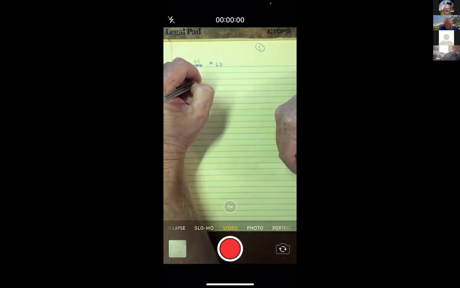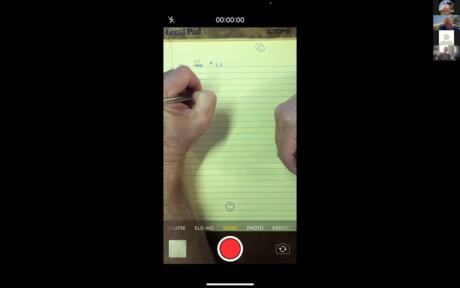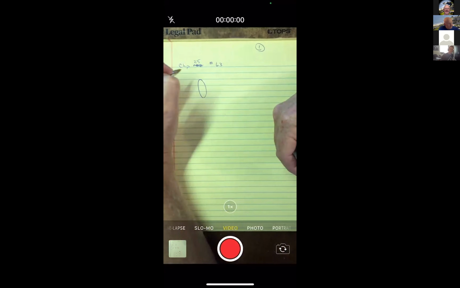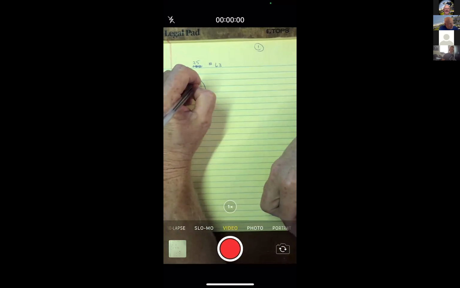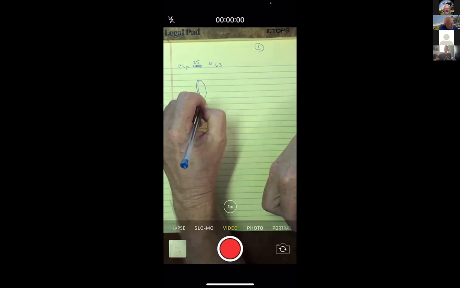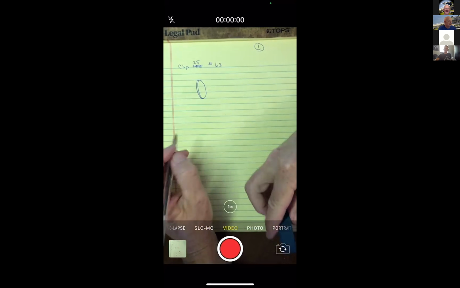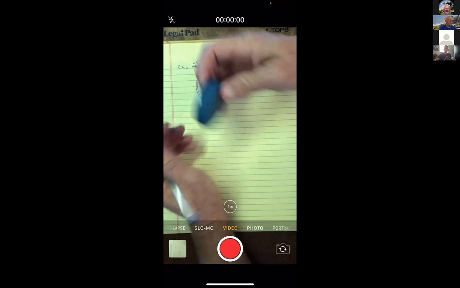But notice then, I'll draw an ellipse with a little bit of thickness, and that's supposed to represent this disc.